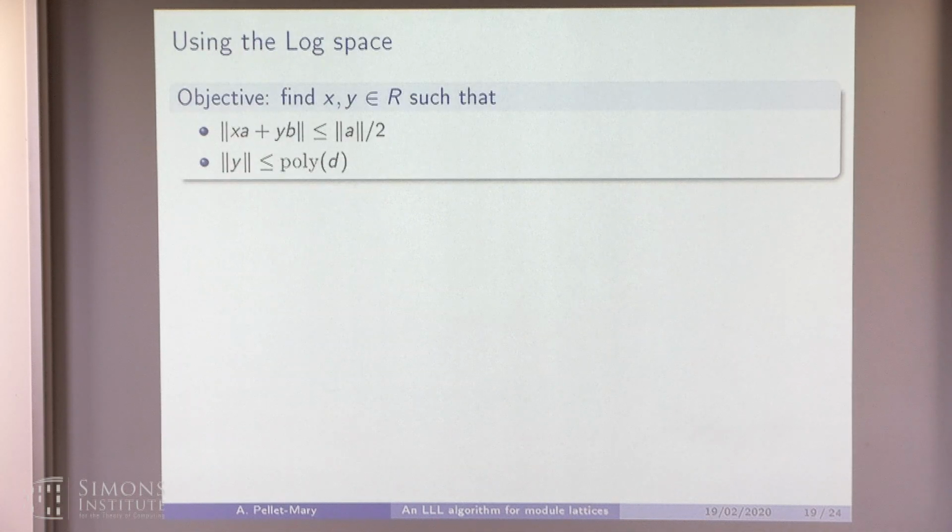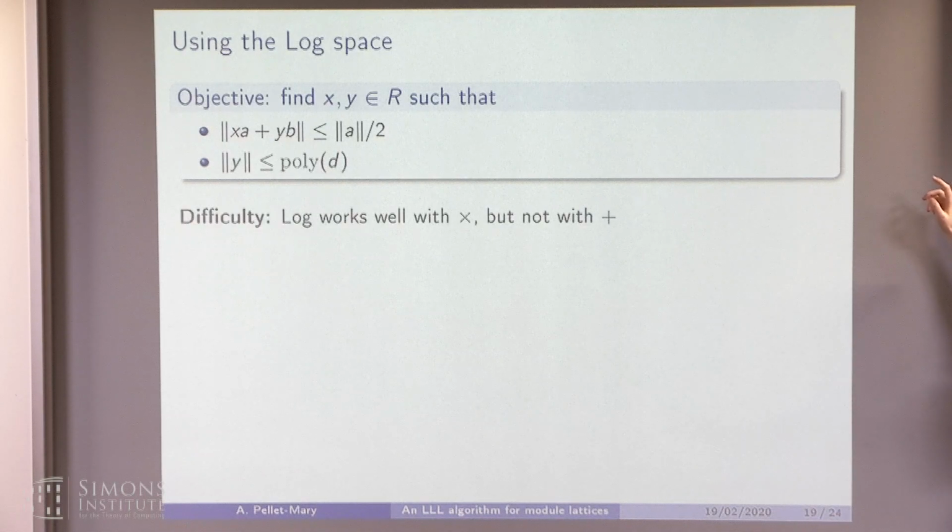Okay, so let's try to use this log function here. I would like to express this in terms of the logs of the elements. The problem is xa plus yb. The log of x times a is something nice. It's going to become a sum, but there is a plus here that is bothering me. So I'm going to replace it by a minus, which does not change anything, but now it helps me think that it's not really xa plus yb that I want, but I just want xa to be close to yb.